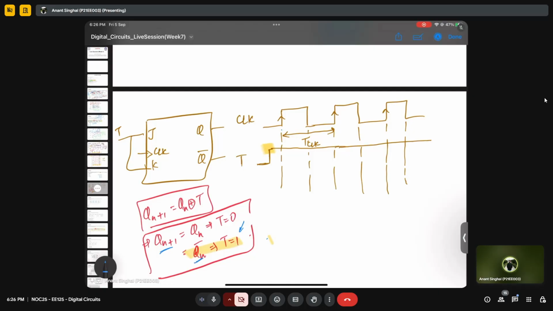The first positive edge comes here. Let me write the output. Let's say this is the output. Since T is 1, and the positive edge is triggered, it will toggle.